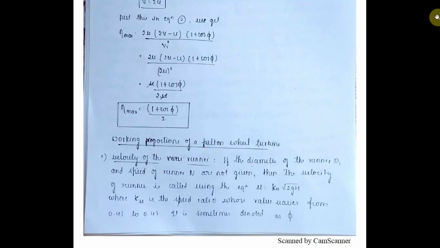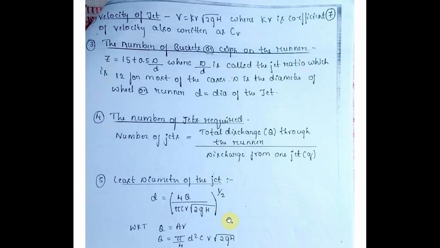If the diameter of the runner D and the speed of the runner N are not given, then the velocity of the runner is calculated using the equation U equal to Ku root of 2gH, where Ku is the speed ratio whose value varies from 0.43 to 0.47, and it is sometimes denoted by phi. Then, the velocity of the jet: V is equal to Cv root of 2gH, where Cv is the coefficient of velocity.